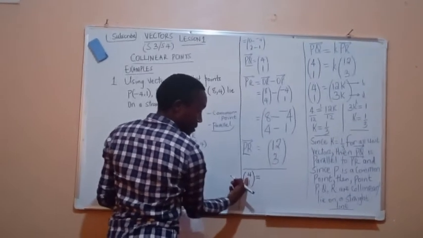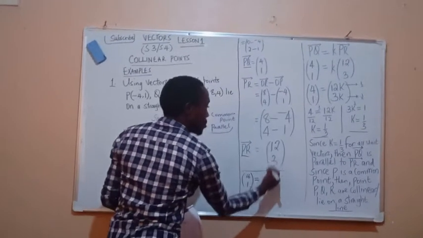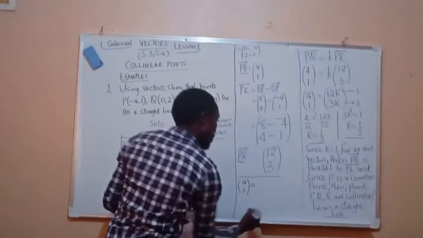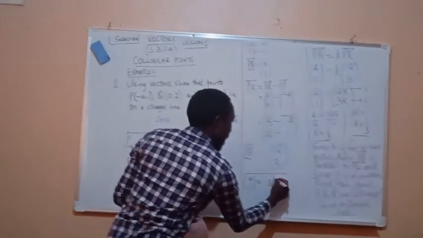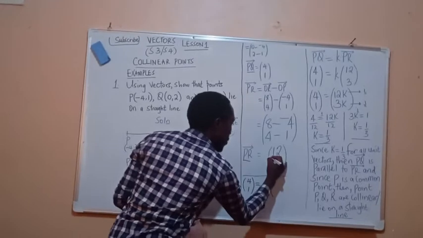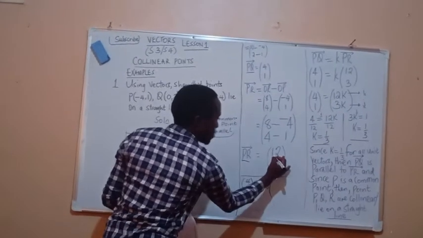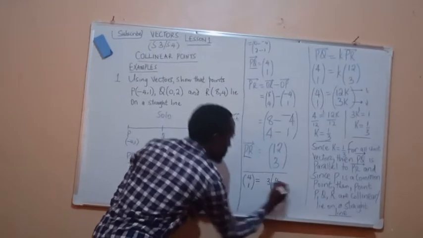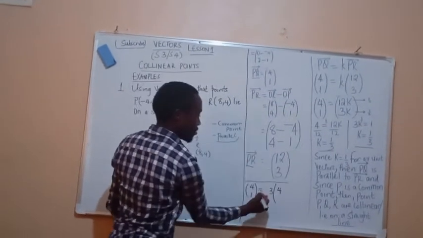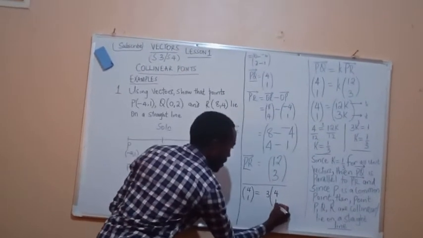If you factorize out a 3, it means that now you'll be dividing. So 12 divided by 3 gives 4, and 3 divided by 3 gives 1.